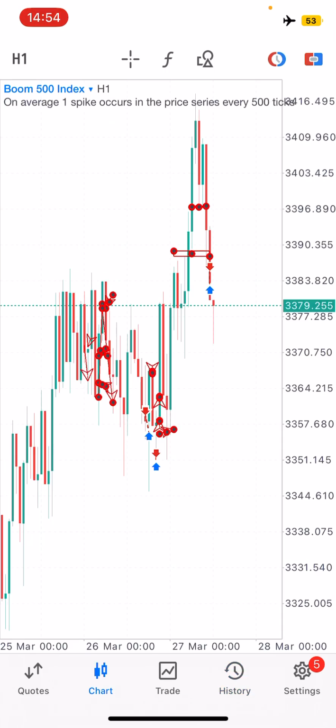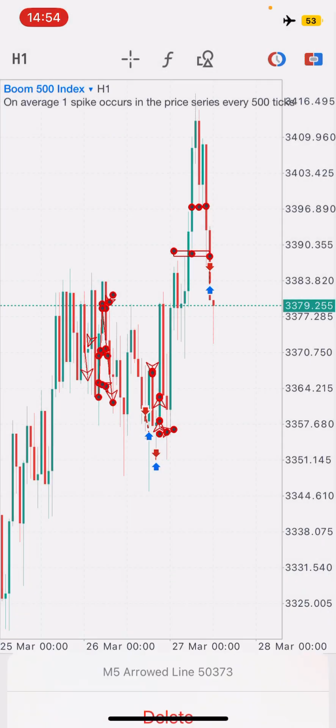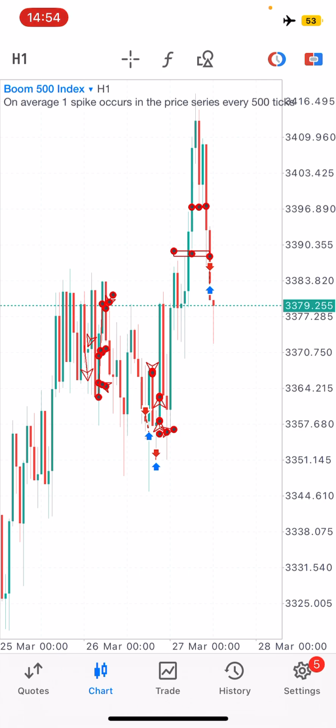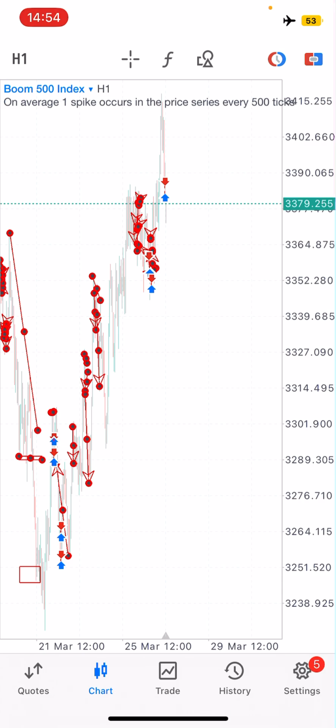So we're going to go to our charts. This time we're going to be looking at pure price action, and we want to determine what the market is going to do, right? We want to try to analyze using price action what the market will do.